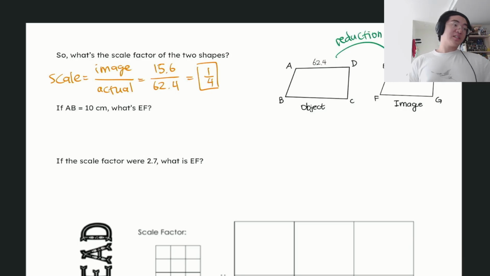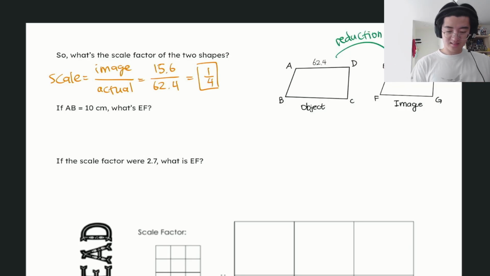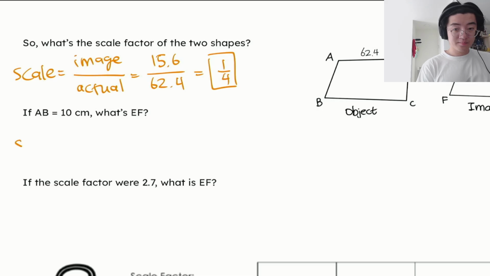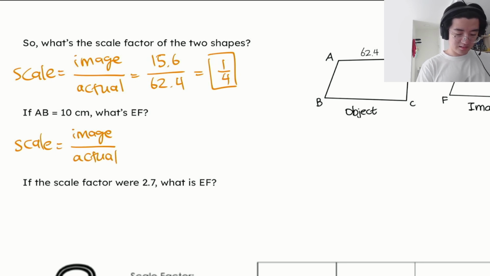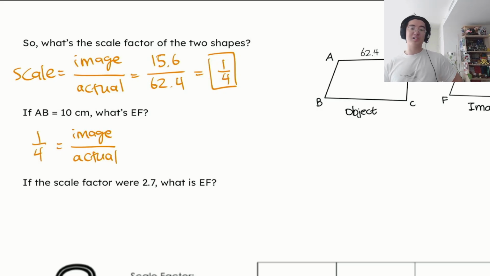So now once we have the scale factor, we can guess the length of all the other sides. Again, the scale is image over the actual. So in other words, we now know 1 over 4 equals the measurement of the image over the actual.